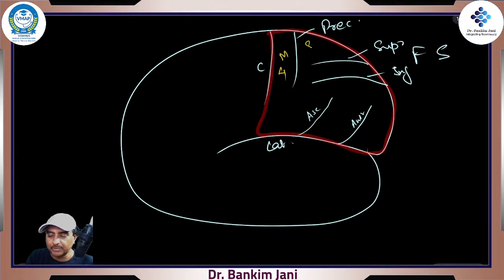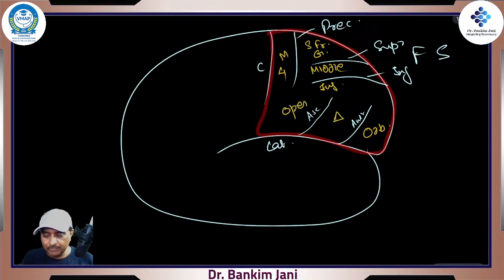This one would be the superior frontal gyrus, this one the middle, and this one the inferior frontal gyrus, which is divided by the ascending ramus and the anterior ramus. This would form the orbital part, then this one the triangular part, and the posterior one the opercular part.